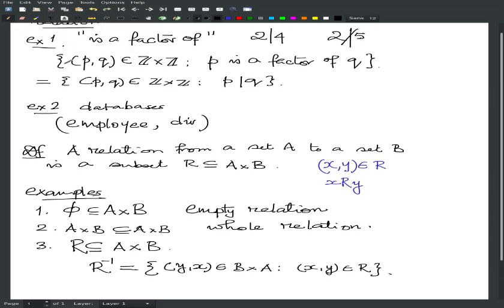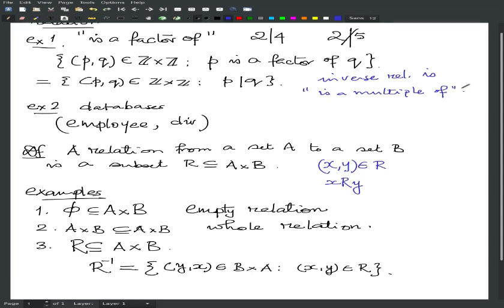If R is "is a factor of", the inverse relation is "is a multiple of". So 4 is a multiple of 2 and so on.